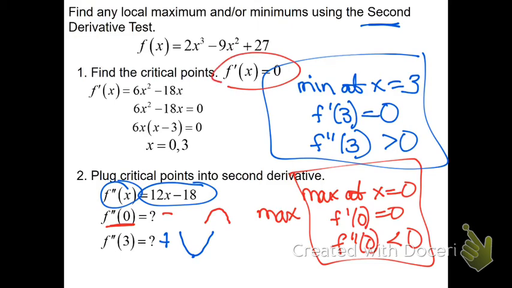Now, notice that it has to be a derivative of 0. It doesn't apply if it's a derivative that is undefined, and let me explain why. The reason it has to be only a derivative of 0 is that derivative of 0 ensures that you have a smooth curve. So remember, first derivative 0 could have been this, or this, okay? As long as we get the second derivative as positive, it's definitely a min, and as long as we get second derivative negative, it's definitely a max.